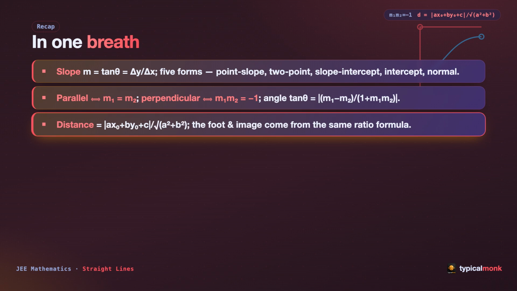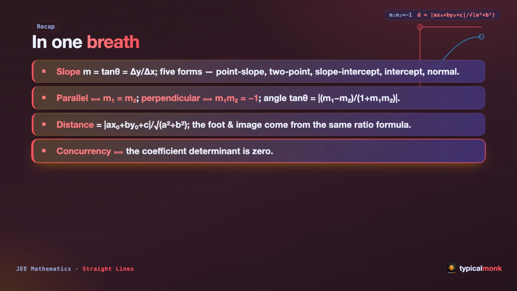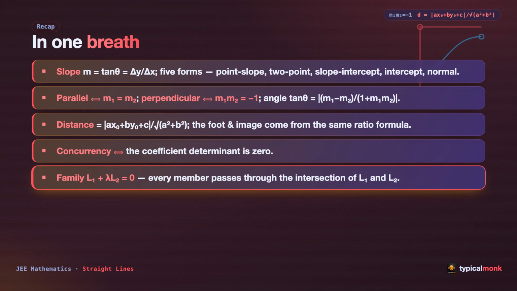The distance of a point is the modulus of (ax0 + by0 + c) over the square root of a² + b², and the foot and the image come from the same ratio formula. Three lines are concurrent exactly when the determinant of their coefficients is 0. And the family L1 + λL2 = 0: every member passes through the intersection of L1 and L2.